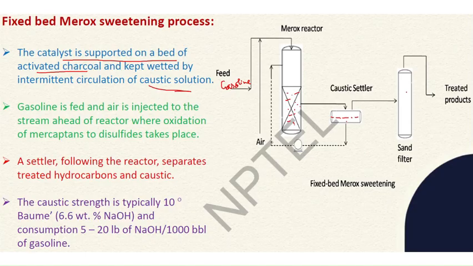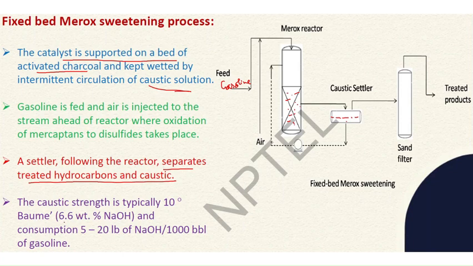And then the settler, which is the settler following the reactor, separates the treated hydrocarbon and caustic. The caustic strength is typically 10 degree Baume. This Baume is a unit for measurement of alkalinity.